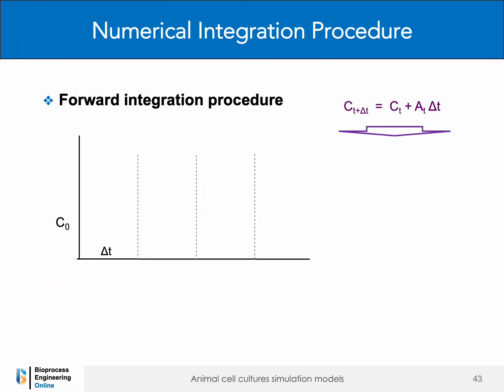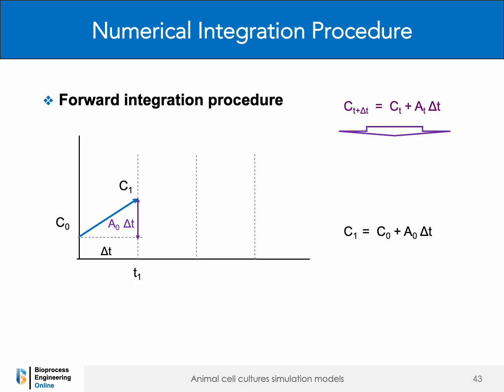The difference relation between the concentrations at time t and t plus delta t is used in the following way to carry out the numerical integration. The integration is started from the initial concentration C0.